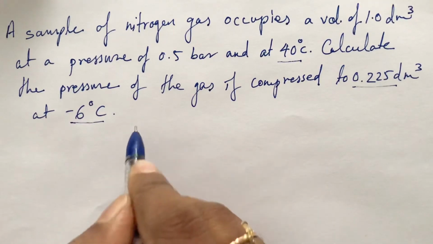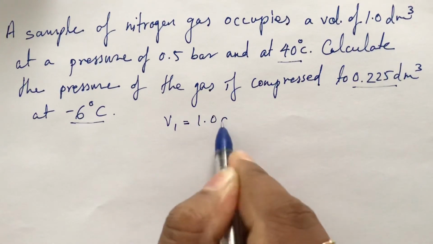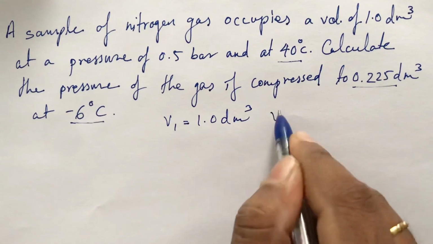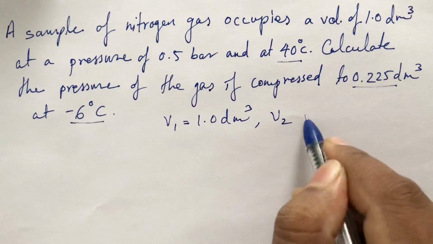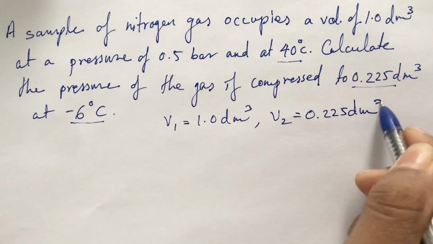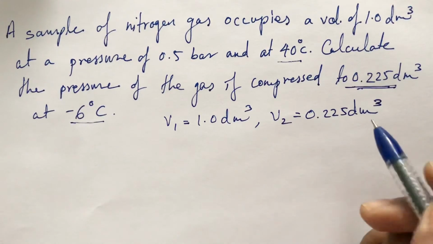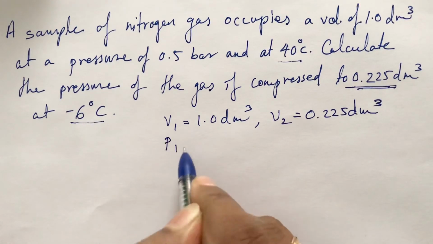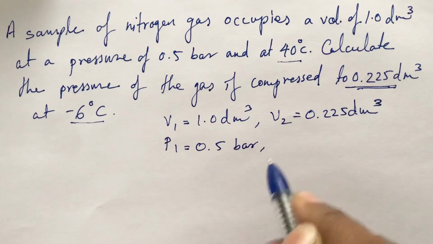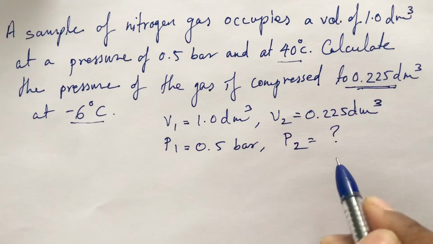From the available data, V1 is equal to 1.0 dm cube, and V2 is 0.225 dm cube, the gas compressed to 0.225 dm cube. P1 is 0.5 bar and P2 is not given, so let's put a question mark.